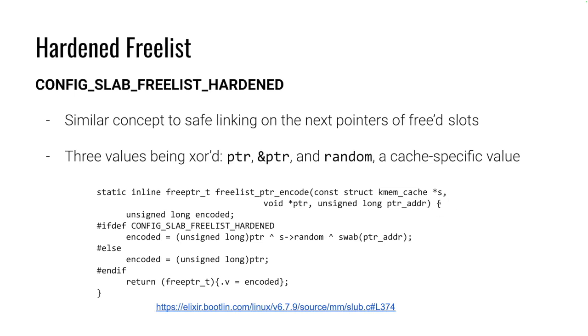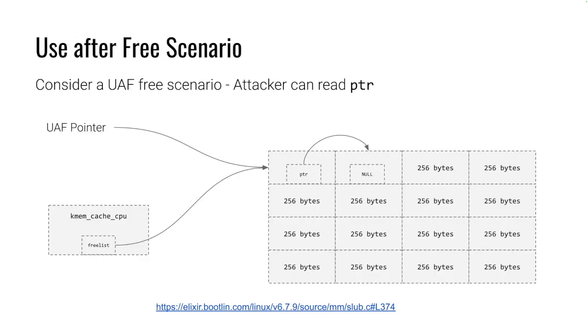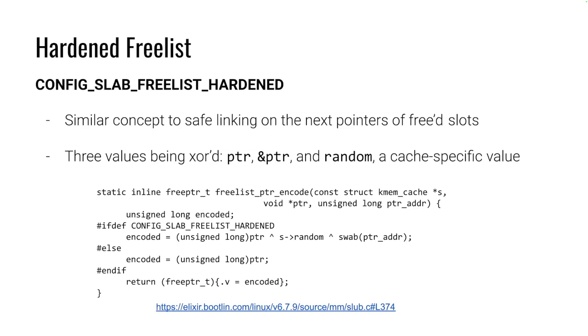So this random value is a member of the kmem cache, and that random value is XORed with the pointer as well as the address of the pointer, so that this would obscure it. So now the attacker can't work just off of this primitive. Or can they? Well, let's think a little bit about what's going on here.